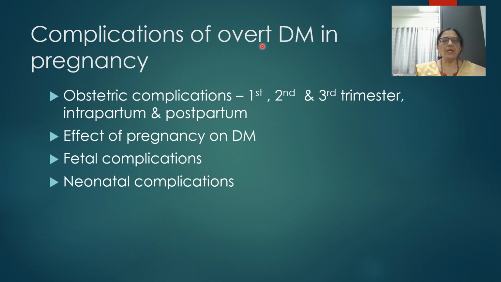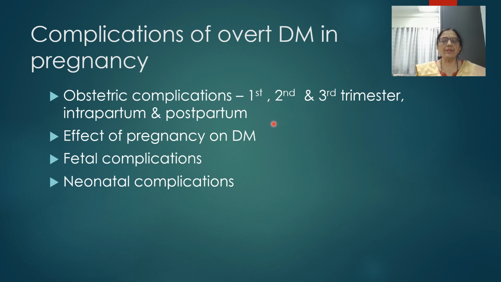For overt diabetes mellitus, if we are asked about the complications, my request to postgraduate students is, as far as possible, always try to classify the complications of any disease in pregnancy as antepartum, intrapartum, postpartum. Antepartum is further subdivided as first trimester, second and third trimester.